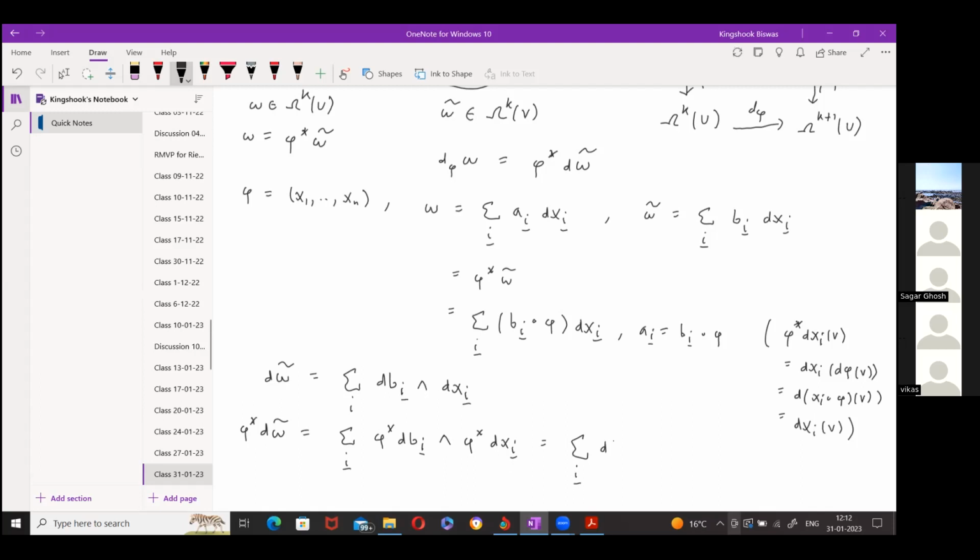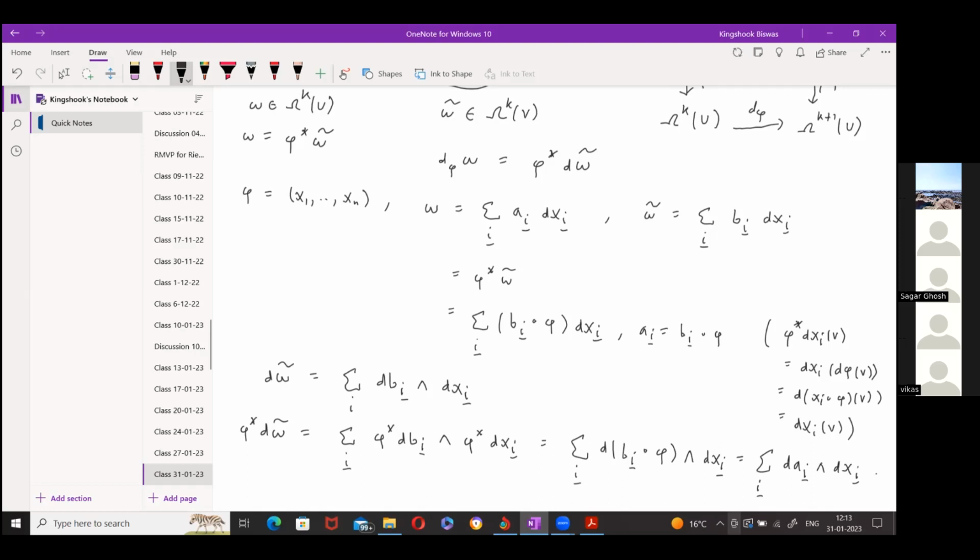It's going to be d of bi bar composed with phi, because it's dbi bar composed with d phi. So by the chain rule, that's d of bi bar composed with phi, wedge dxi bar. And bi bar composed with phi is ai bar. So this is d of ai bar wedge dxi bar.